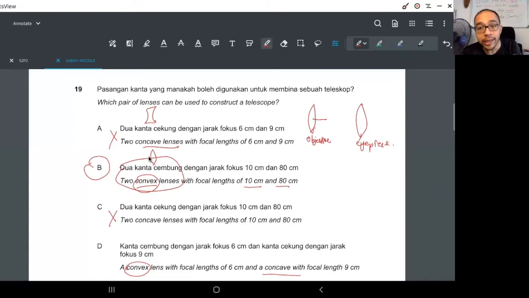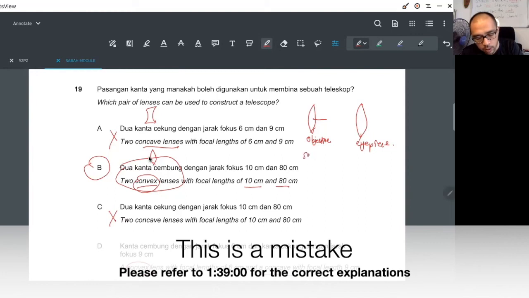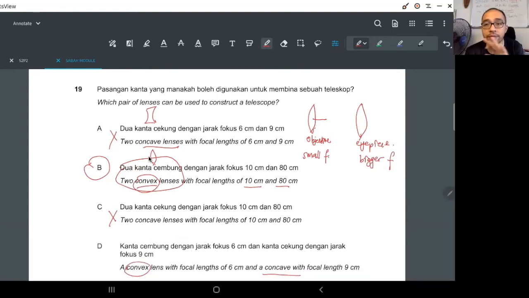Now the objective lens has a small focal length, and the eyepiece lens must have a bigger focal length. But even with the small and the big focal length, for a telescope, the focal lengths will meet.